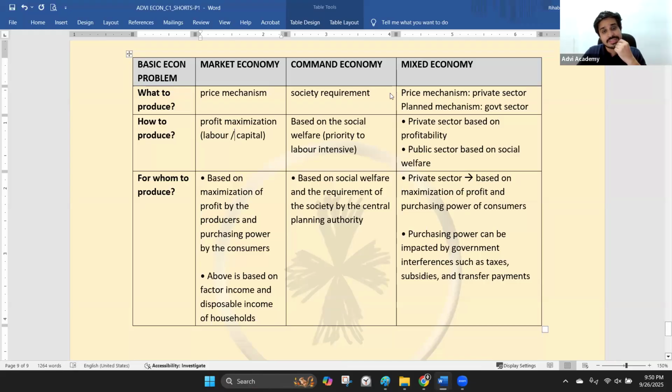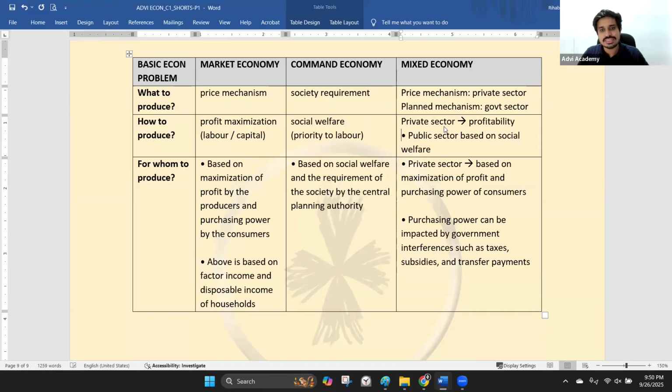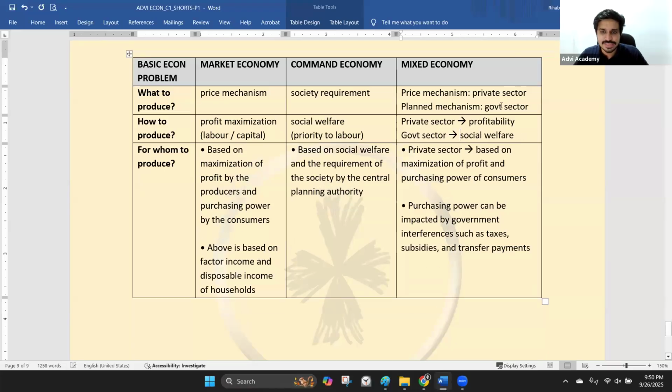Whereas command economy says they are not worried about profit maximization. For them, social welfare is more important. So they give priority to labor. More priority is given to labor. Okay. And mixed economies, well, the private sector will go for profitability. The government sector will go for social welfare. So for them, it's mixed. Now in Sri Lanka, it's mixed, right? Private sector and government sector.